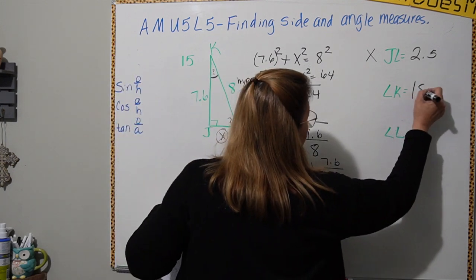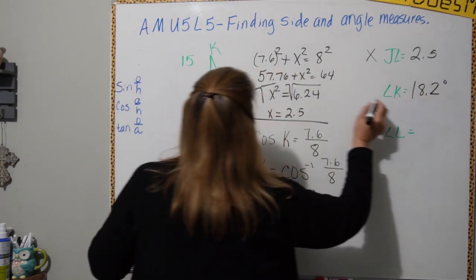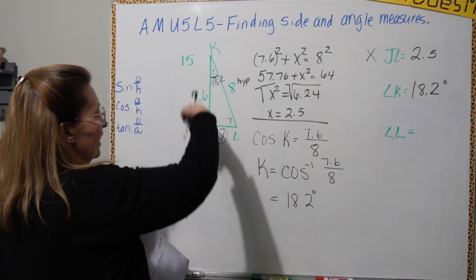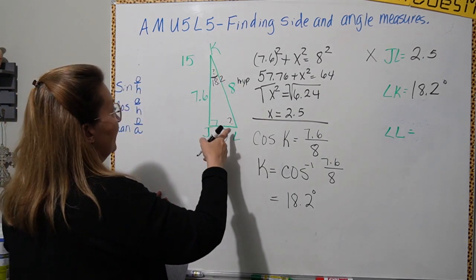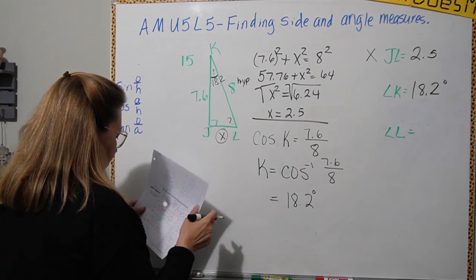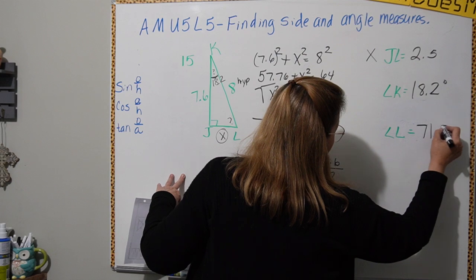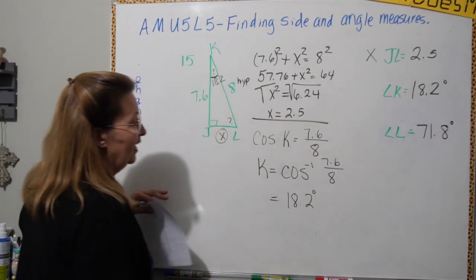All right, so now we know that one. Now that we know that angle, you know two of the angles in here, so just do 90 degrees minus the 18.2, and that's going to give you 71.8 degrees for that remaining angle.